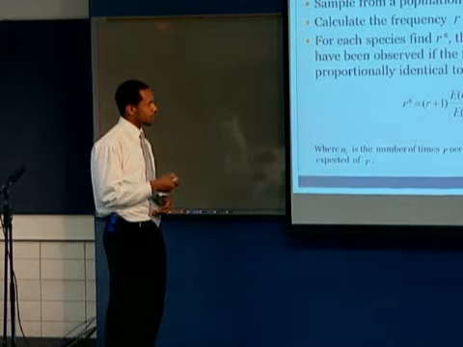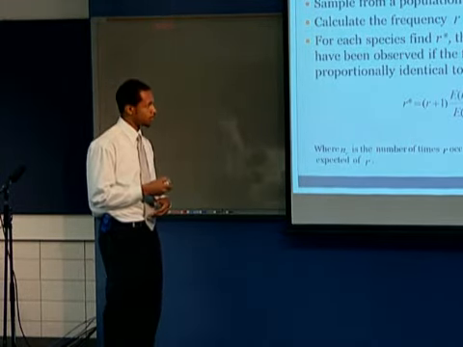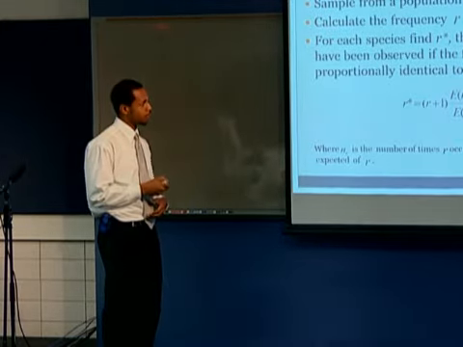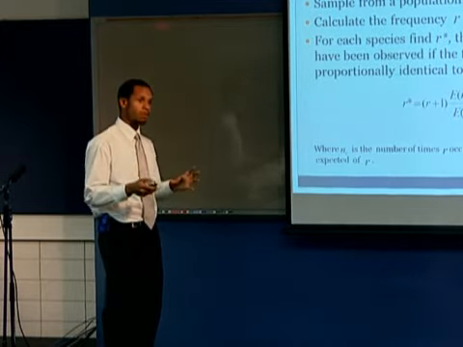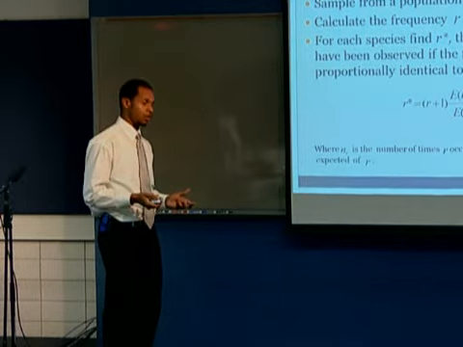And it's calculated by this equation right here. r star is equal to r plus 1 times the expected value of N_{r+1} over the expected value of N_r. Now N_r is the number of times that the frequency r occurs within a population.